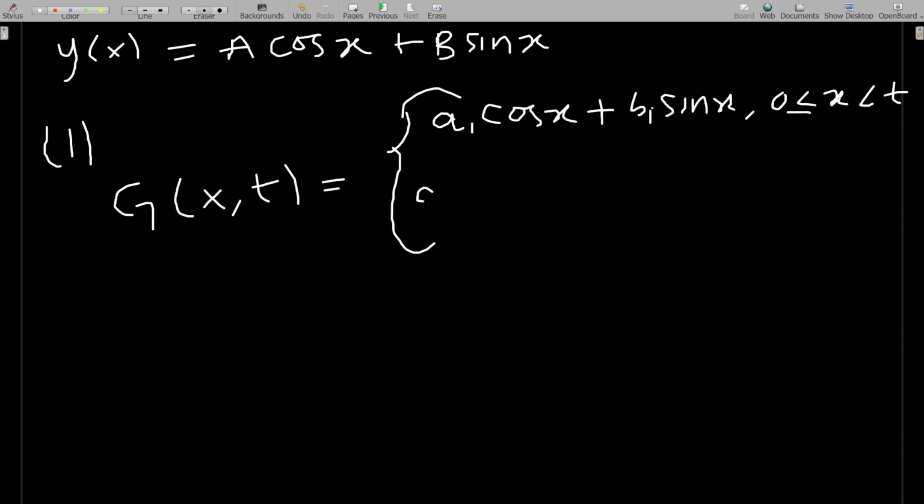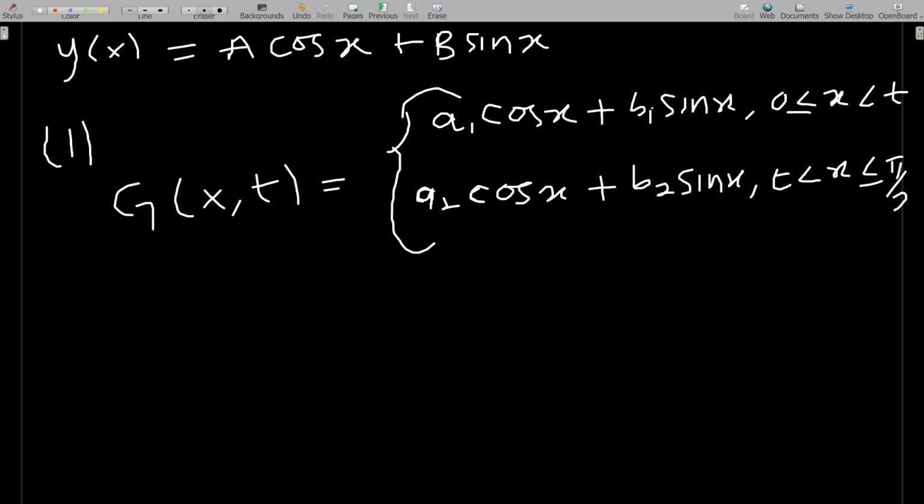Then the second one, g2 of x,t, should be a2 cos x plus b2 sine x. All of them should take the same form, just that their constants shouldn't be the same. This means that a2 and a1 are not the same, for t less than x less than or equal to pi on 2.